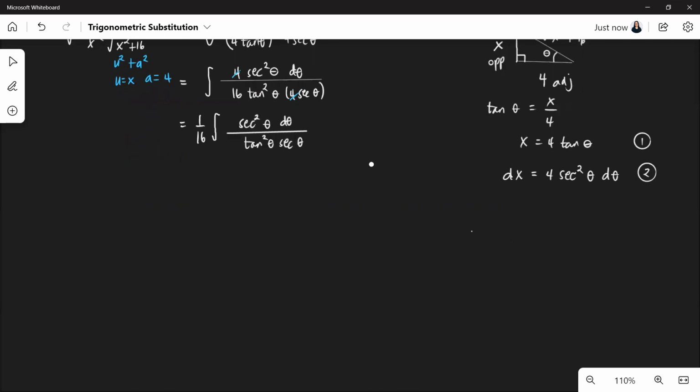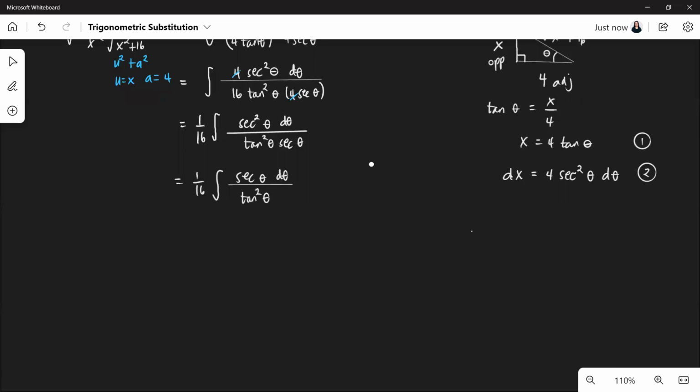So simplifying, we get secant theta over tangent squared theta. So secant and tangent squared. So we cannot directly use the solvable groups of trigonometric integrals.